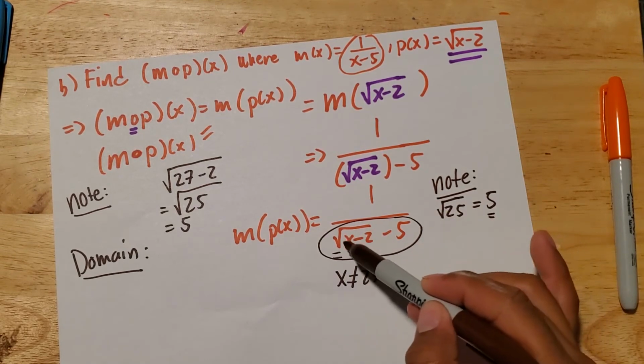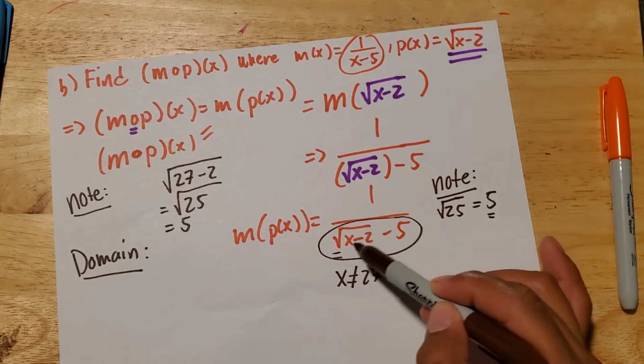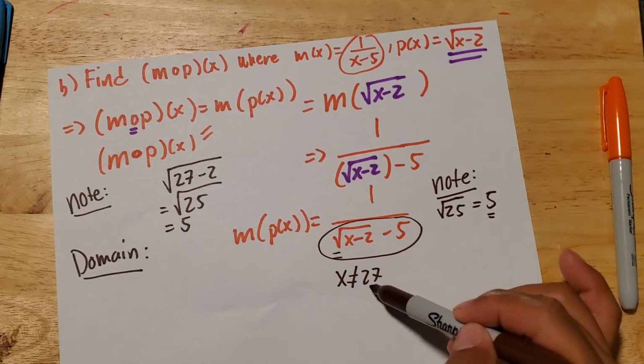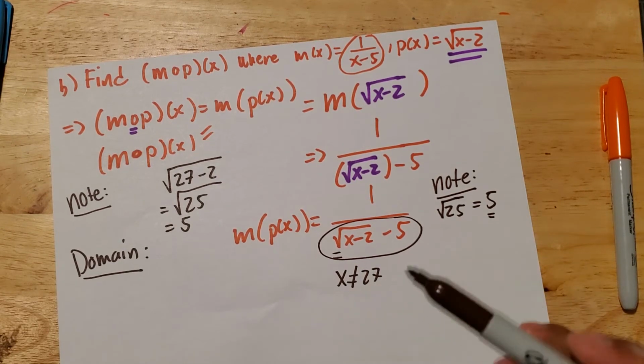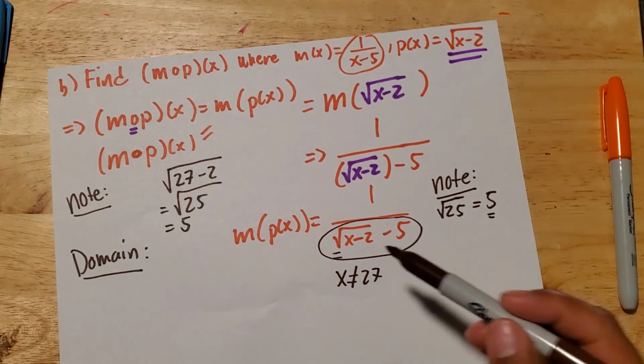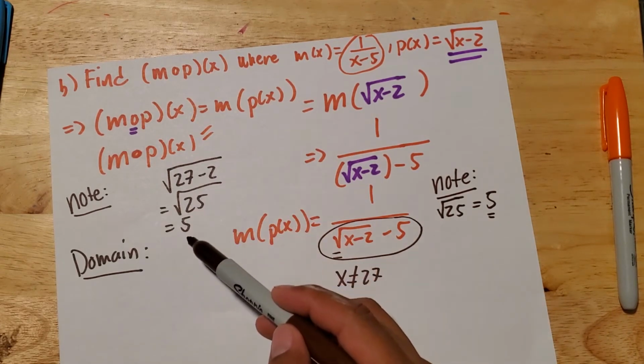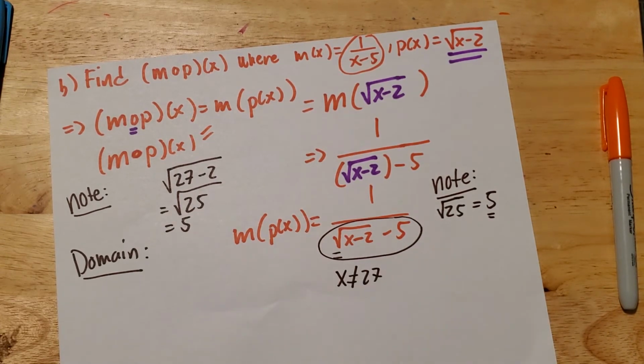The only way for this x minus 2 to become 25 is if it's 27. And that's something I don't want, because once that happens, you end up with the 5, that will make your denominator 0. But at the same time, that doesn't mean everything works. I'm not going to say the domain is all real numbers except 27.